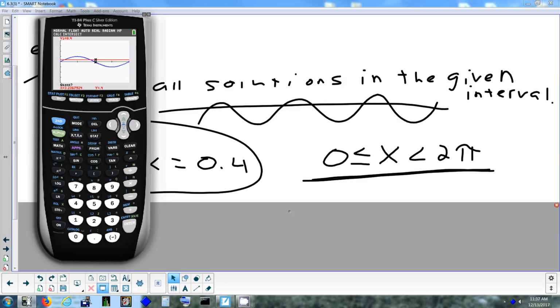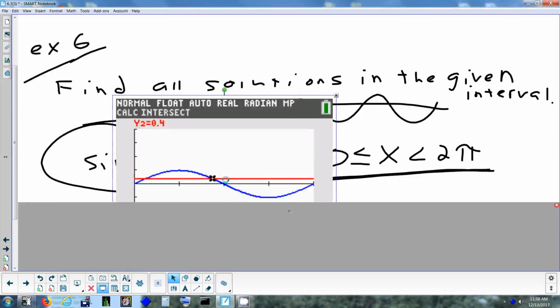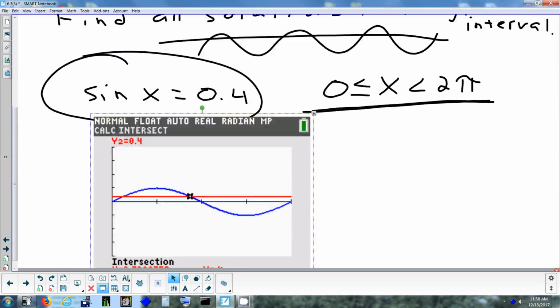Does the guess matter? Yes. Why? Because there's more than one. Wherever I put the guess, it's going to give me the one that's closer. So it tells me one solution is 2.73.